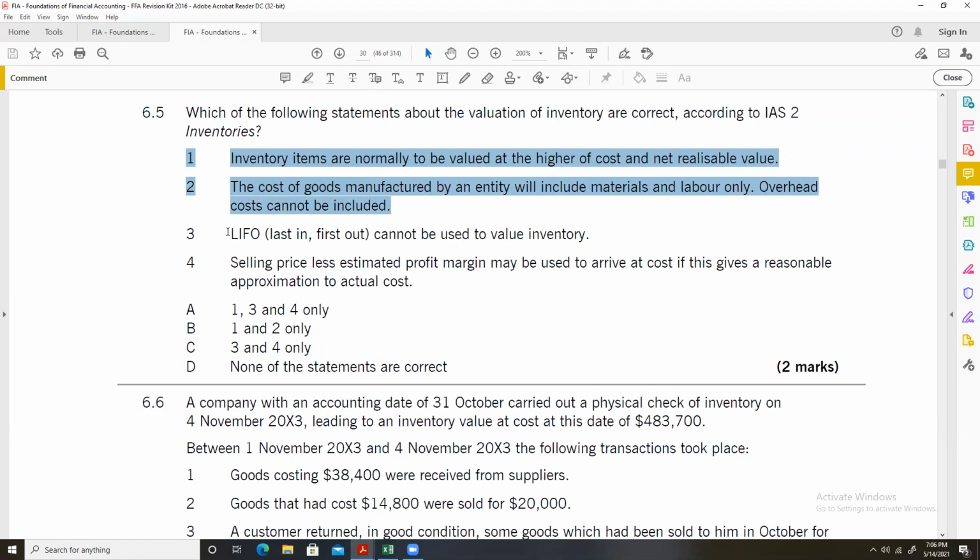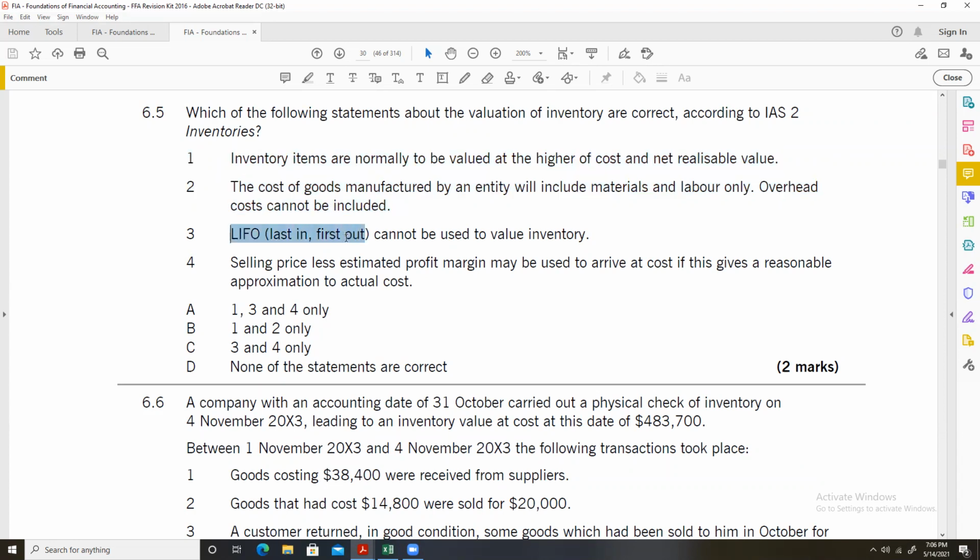Now in IAS 2 we are prohibited from using the LIFO method of inventory valuation. So this statement appears to be correct. Selling price less estimated profit margin may be used to arrive at cost if this gives a reasonable approximation to actual cost.